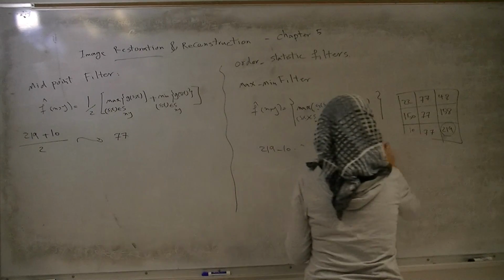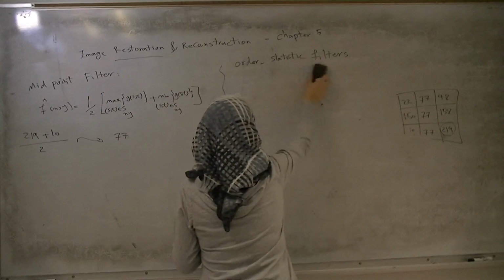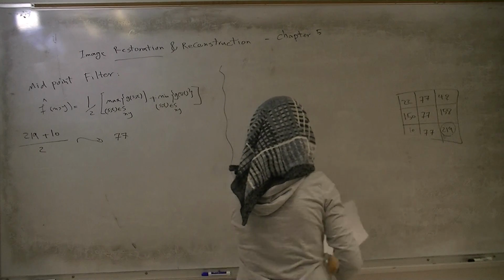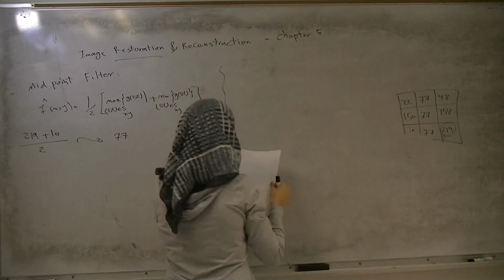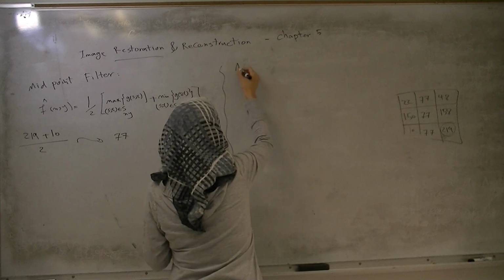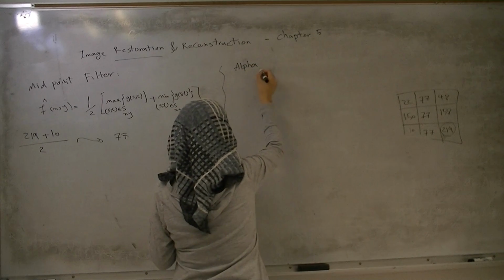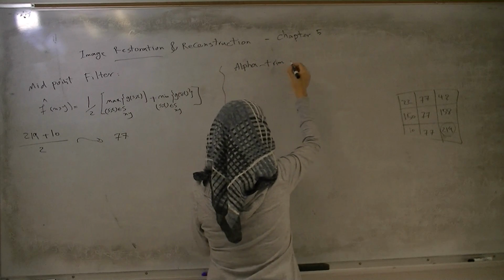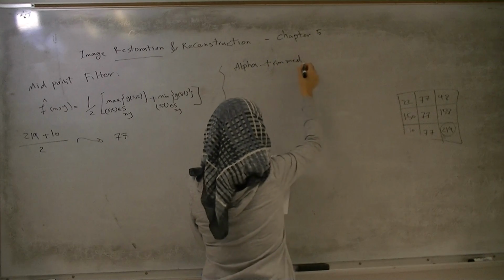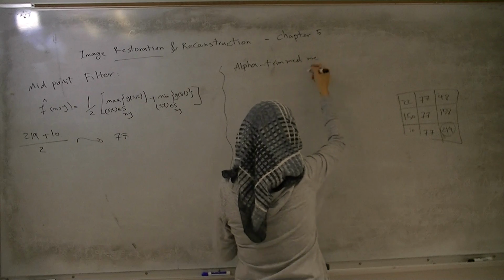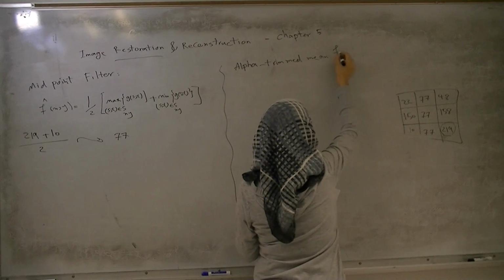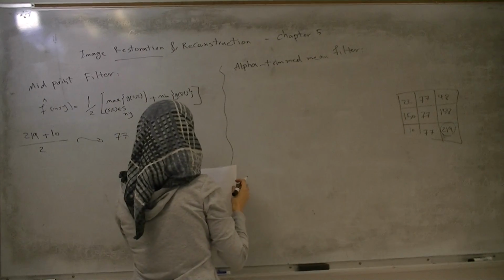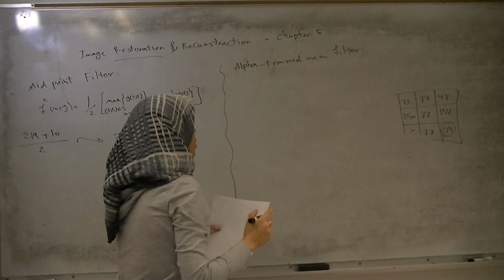The last one is the alpha-trimmed mean filter.